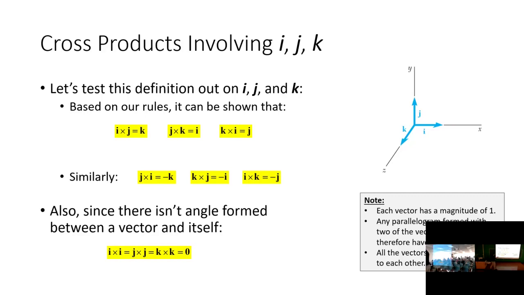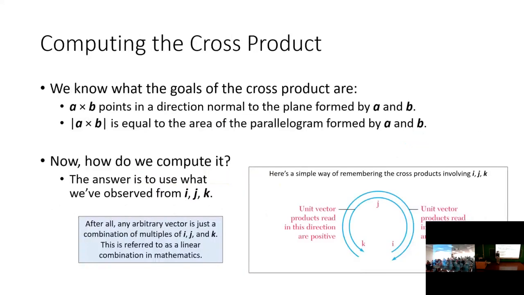Okay, so we've got some pretty fundamental definitions here. We know the patterns for I and J and K. We also know what's crossed with themselves. I'm going to show you a really easy way of memorizing these. In fact, it's right here. The way that I do this is I go I, J, K and draw a circle.